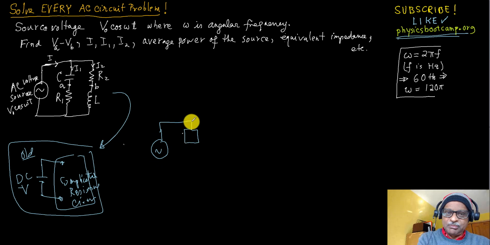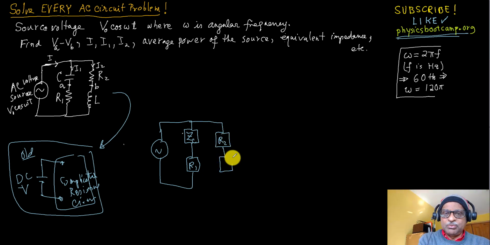So our technique will be to learn how to convert this into some kind of resistance. We have a capacitor, and we will replace it with something which acts like a resistance, and this one we will replace with something which also acts like a resistance. So you can think of these all as resistances: resistor 1, resistor 2, resistor 3, resistor 4.